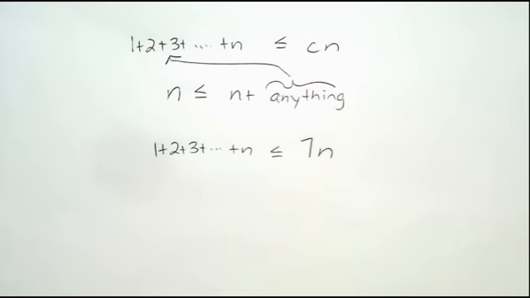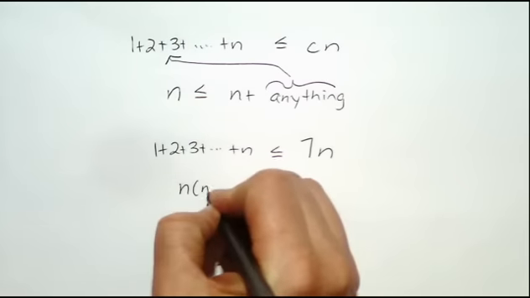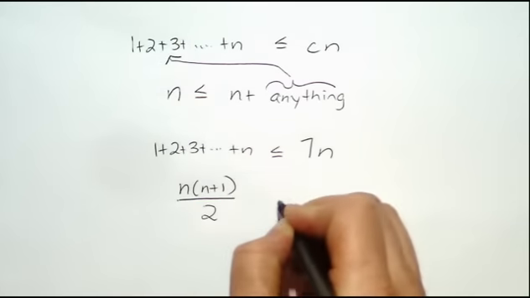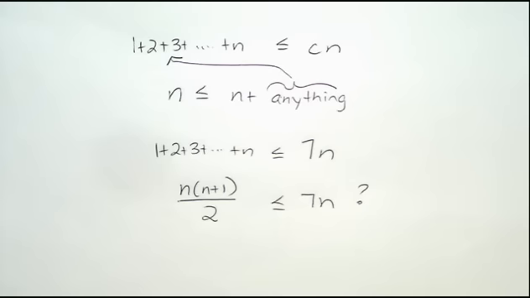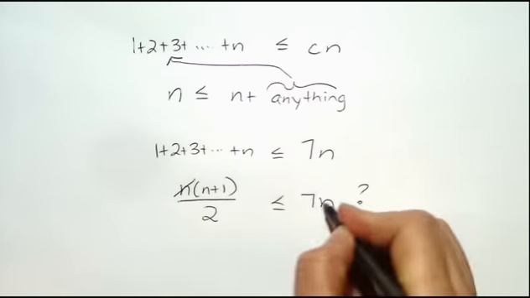Does anybody know what the closed form of this is? Okay, let's divide both sides by n.